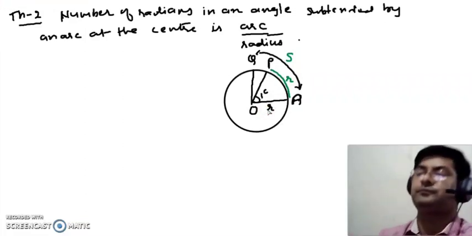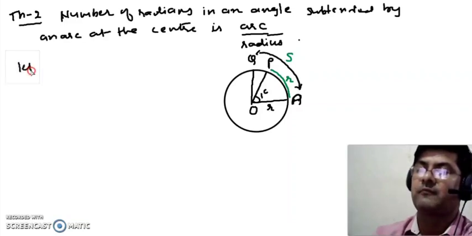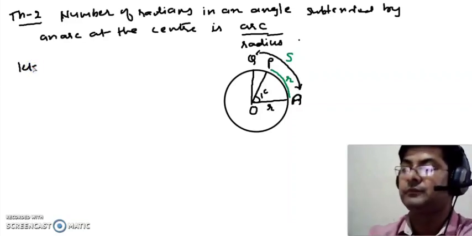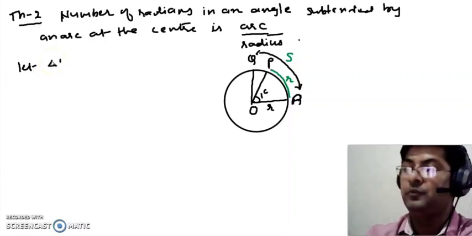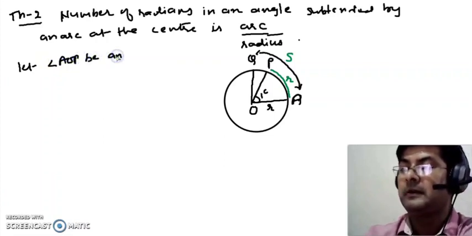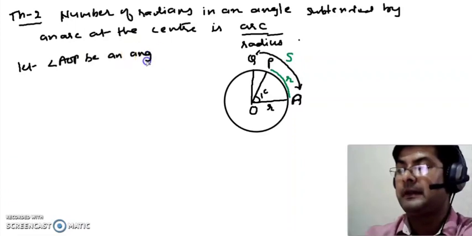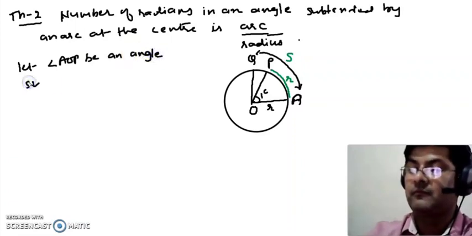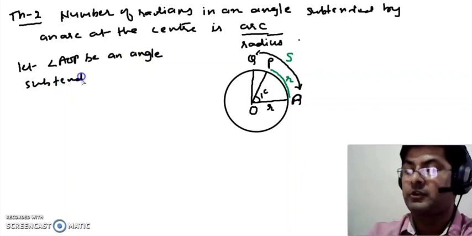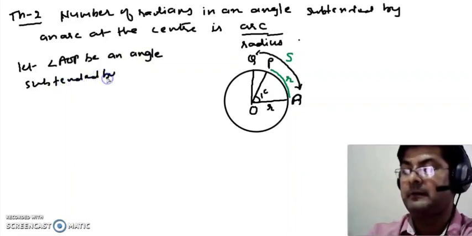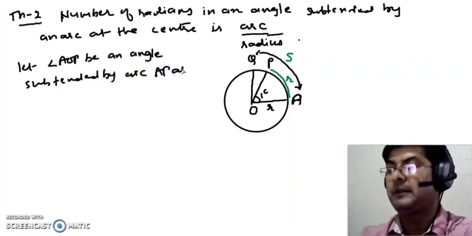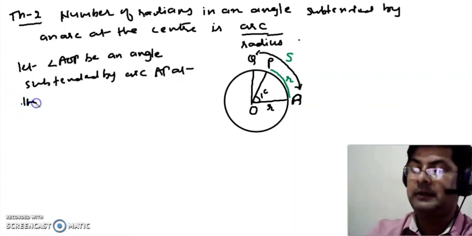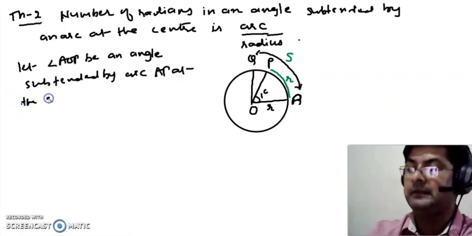Okay, now let angle AOP be an angle subtended by arc AP at the center.